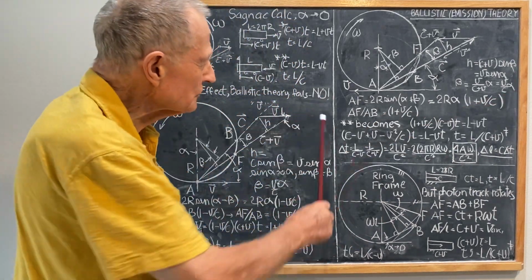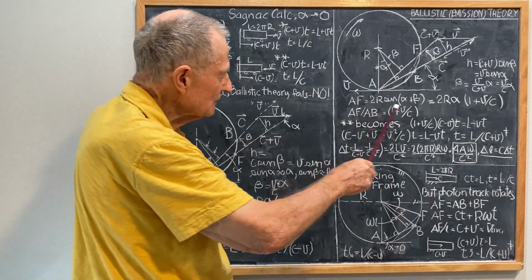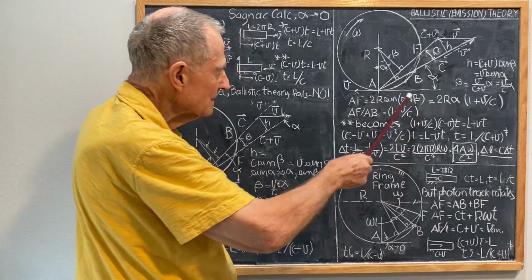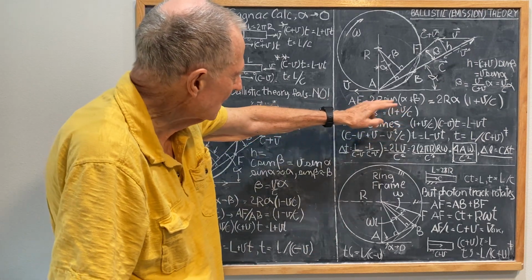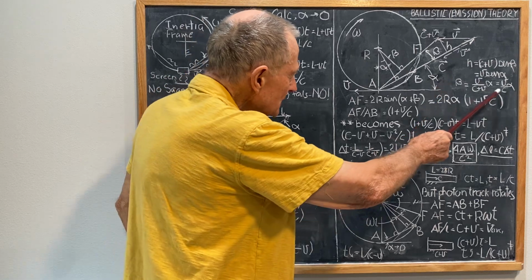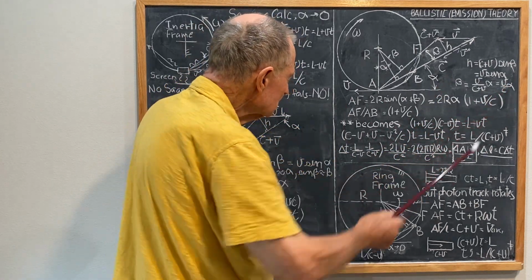With that, just reading off the geometry from here, we get that AF sine alpha plus beta is 2r sine alpha plus beta. Sine of alpha plus beta when alpha and beta are small is alpha plus beta, and beta is v over c alpha. So you get that AF is 2r alpha times 1 plus v over c.